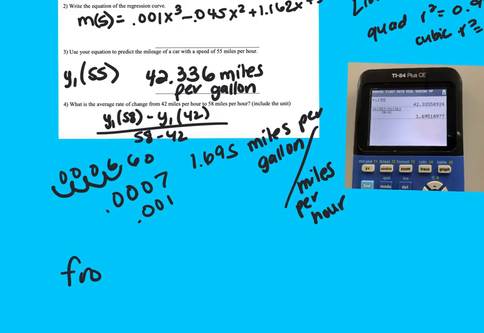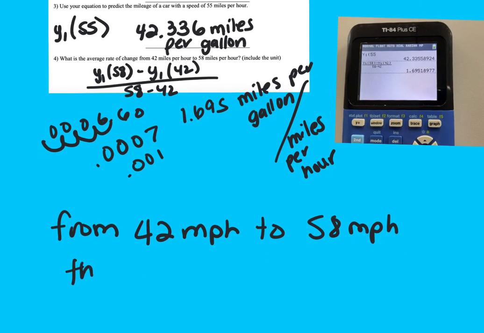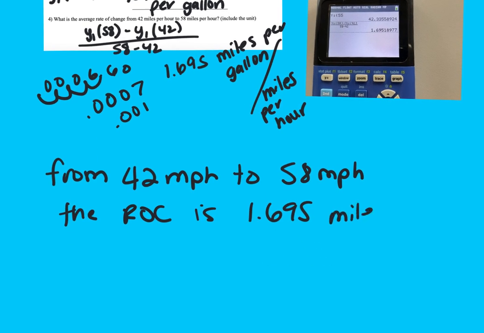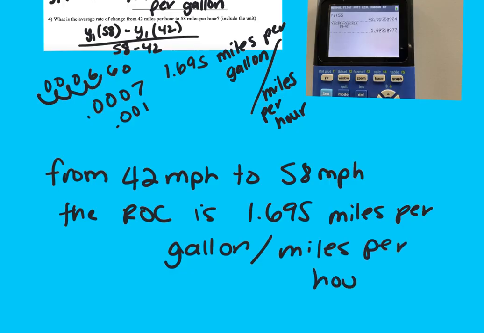So from 42 miles per hour to 58 miles per hour, the rate of change is 1.695 miles per gallon per miles per hour. So you've got to make sure you're confident in not only finding the data, but explaining it in terms of the context, okay?